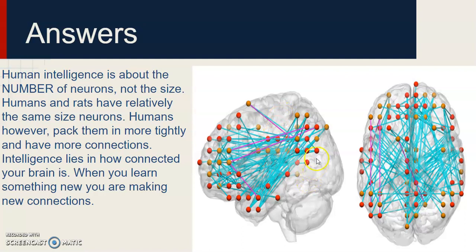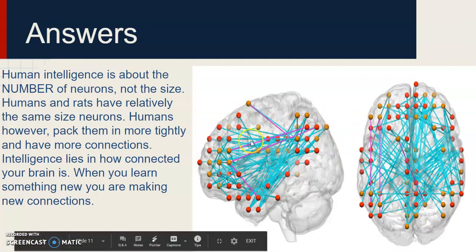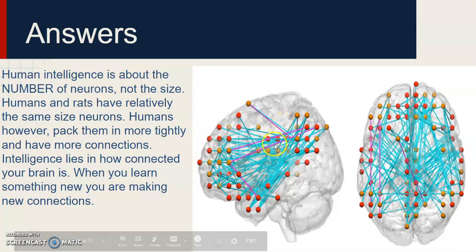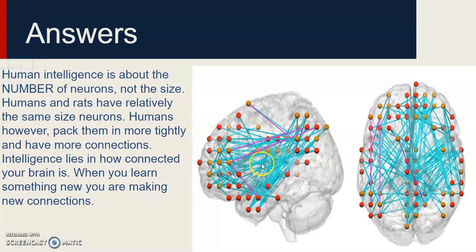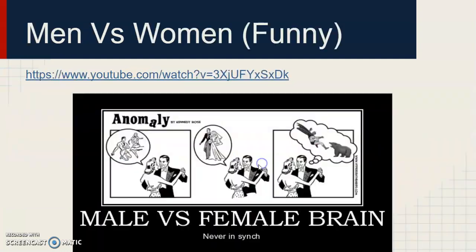And because we pack those neurons in super tight, we have this hyper-connected brain with lots of different pathways. And in fact, when you learn something new, it is because you have made a connection between neurons in your brain. So it does you no good to try and short study something. You want to study and prepare for something long enough to create a new connection, and that's how memory works.